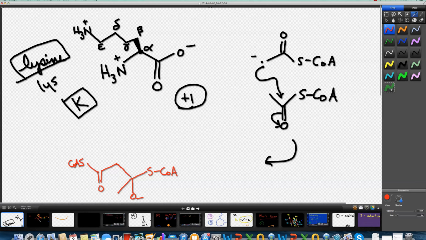This is the bond that we make. Of course, we're going to reform the carbonyl, and this other sulfide will act as the leaving group.